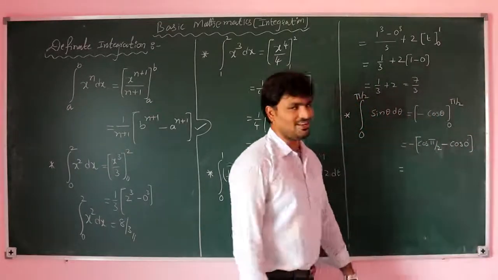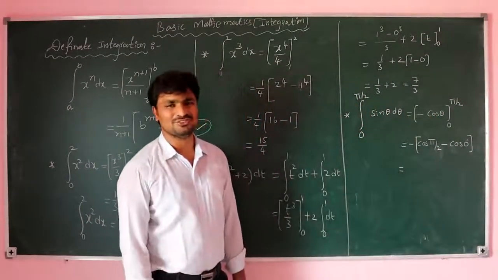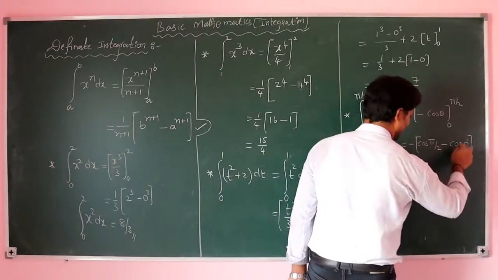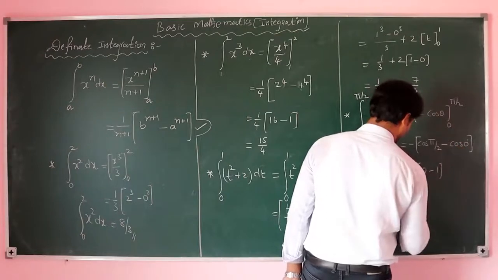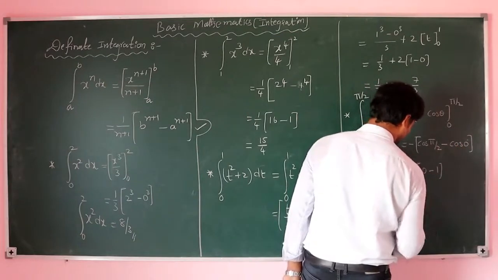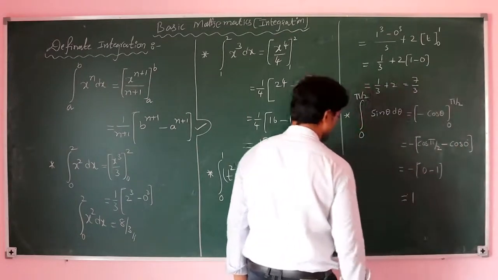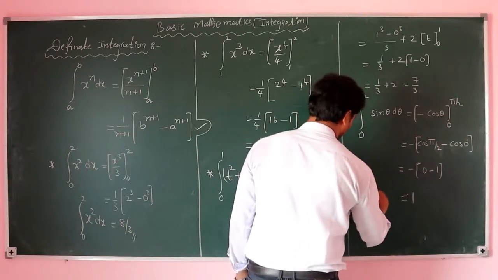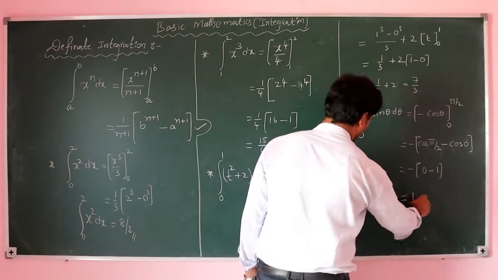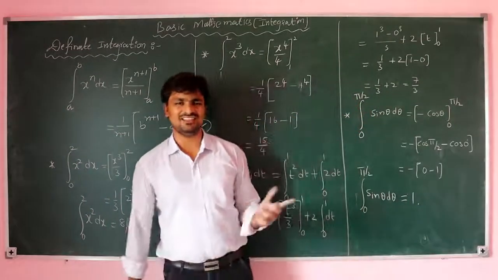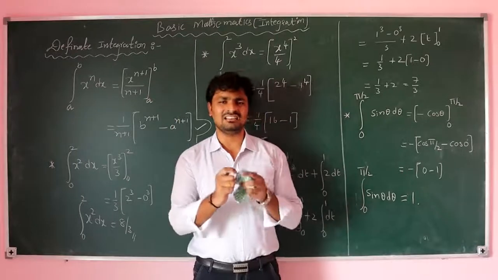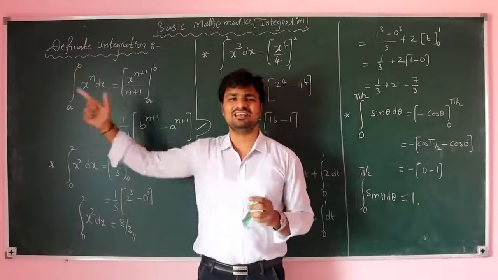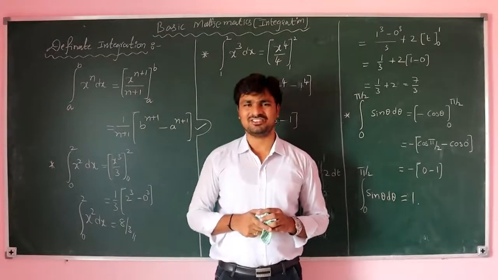So you need to know the values also here. Cos pi by 2, cos 90, is 0, minus cos 0, 1. So minus, minus, plus. So how much did you get? 1. So integral 0 to pi by 2 sin theta d theta is simply 1. So like that, whatever we are taking, there is a particular limit, and that limit we mention as definite integrations.